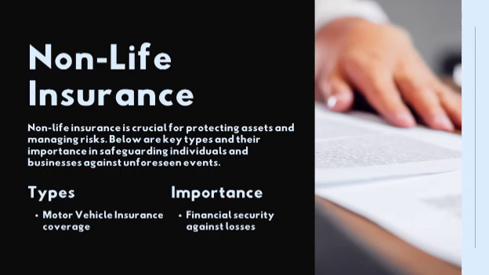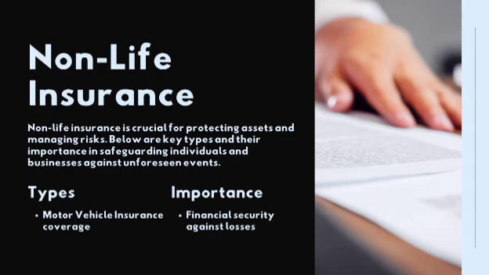one after the other. The first type of non-life insurance that we will be looking at is motor vehicle insurance. This insurance protects against financial loss due to damage or theft of vehicles and liability that could result from vehicle accidents.